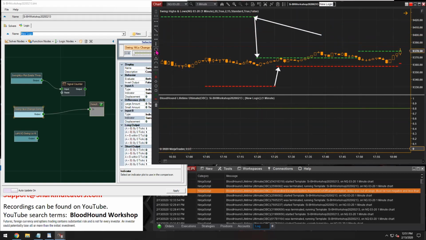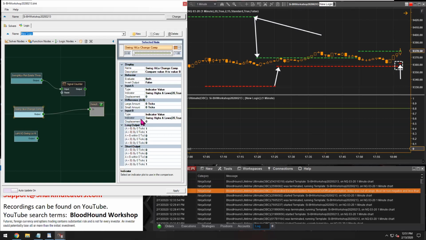Yeah, here we go. Let's take a look. Right here, perfect. So if this is the current bar, and we compare it to 1 bar back, we can see that those two prices do not equal each other.